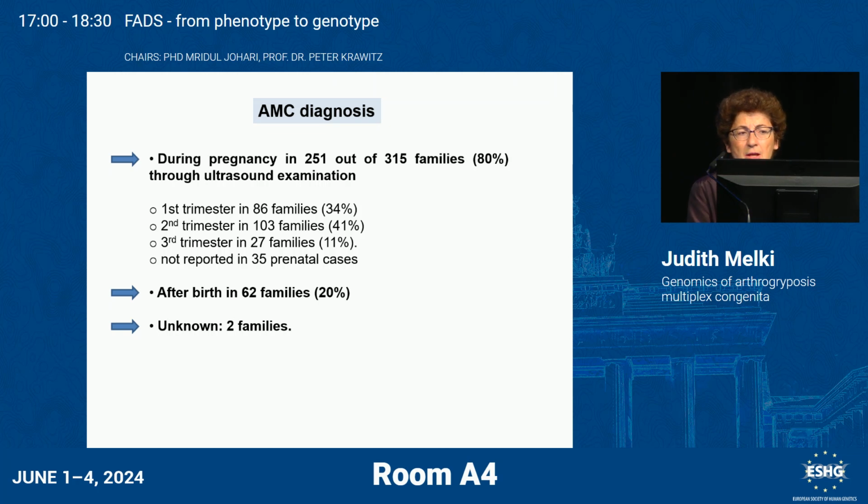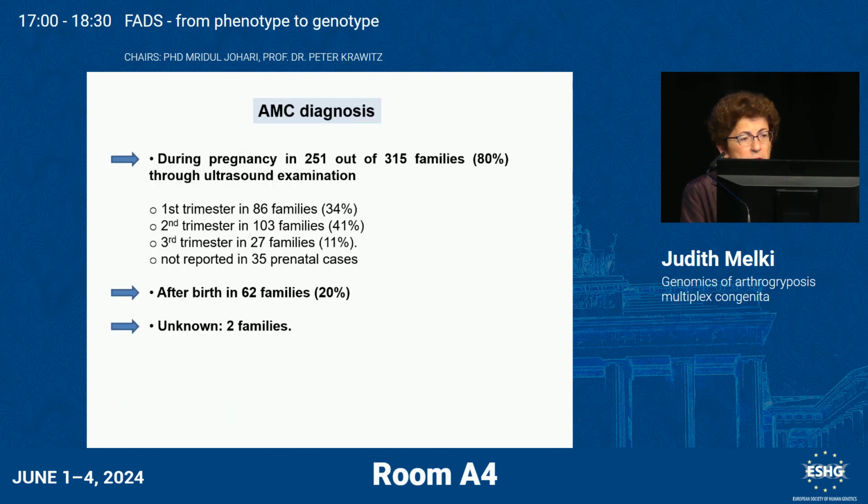It was established at the first trimester in 86 families, so 34%, during second trimester ultrasound examination in 103 families, so 41%, and third trimester in 27 families, not reported in 35 prenatal cases. The diagnosis was established after birth in 62 families, so in 20% of families, and it was unknown in 2 families.